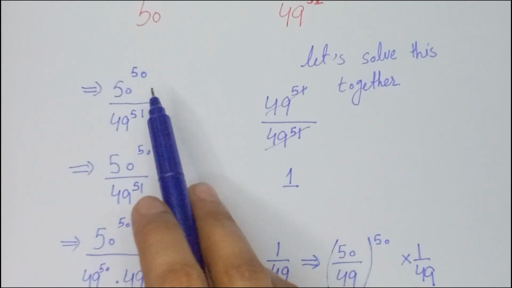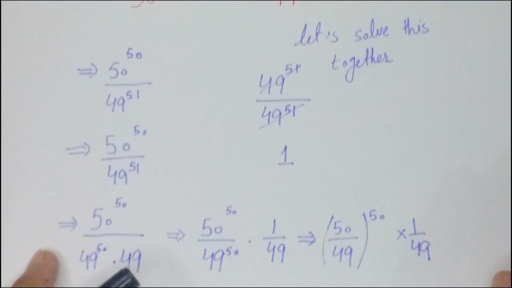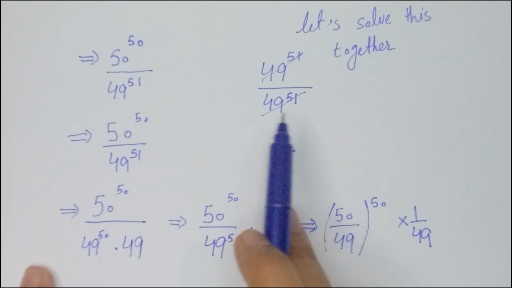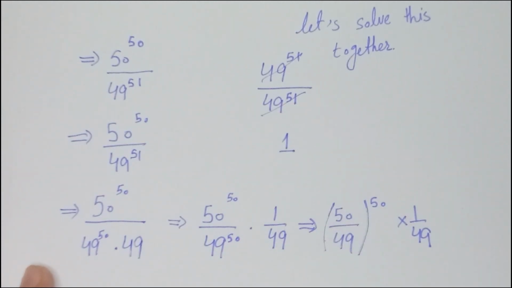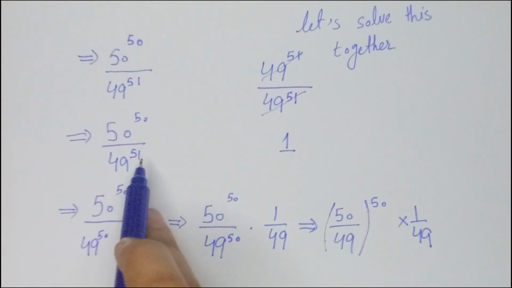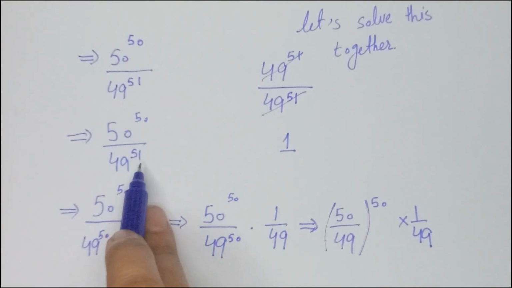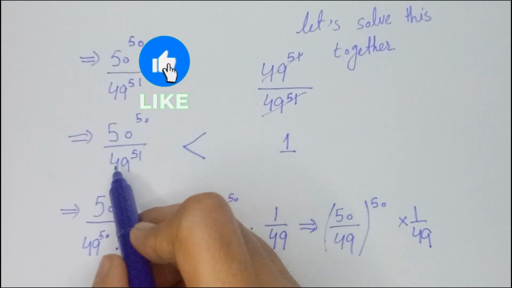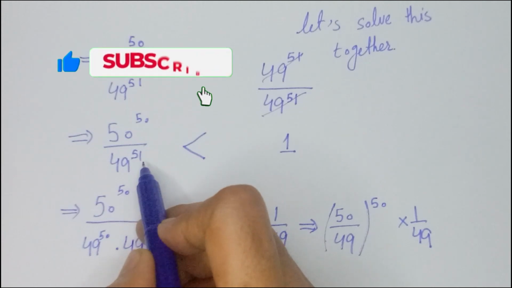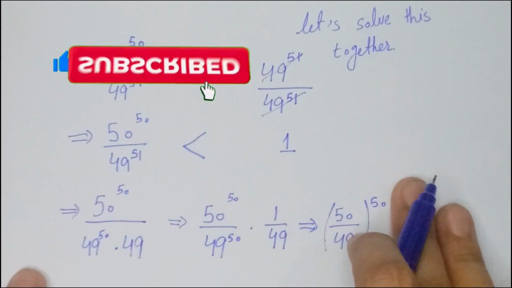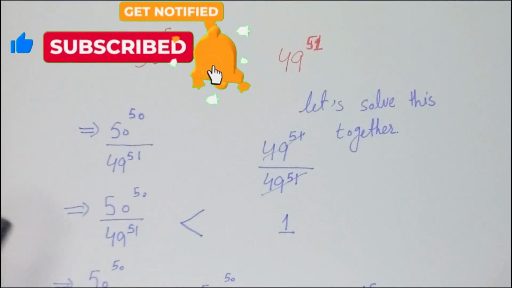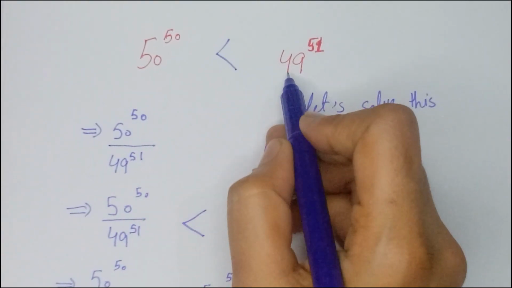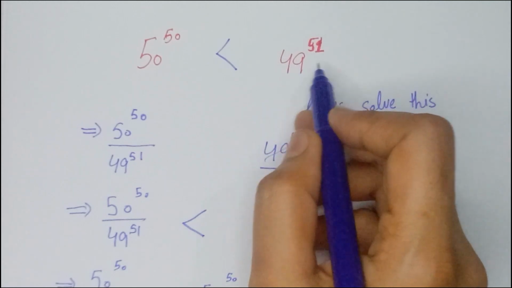The left hand side was 50 to the power of 50 divided by 49 to the power of 51, and the right hand side was 1. As we have calculated that this side is less than 1, 50 to the power of 50 divided by 49 to the power of 51 is less than 1. So now we can conclude that 50 to the power of 50 is less than 49 to the power of 51. This side is the greater one.